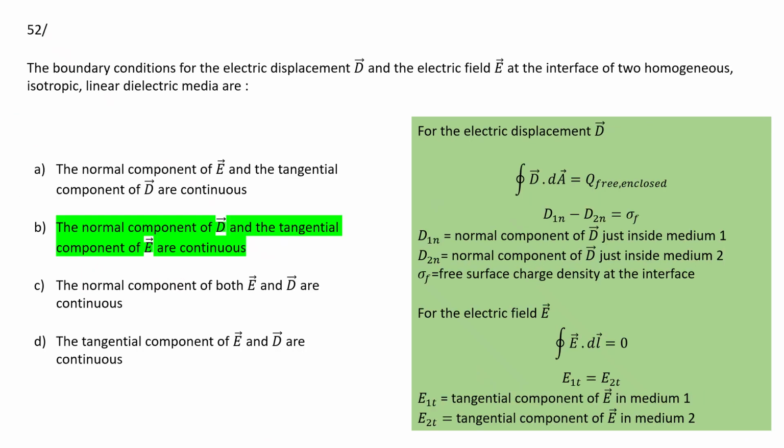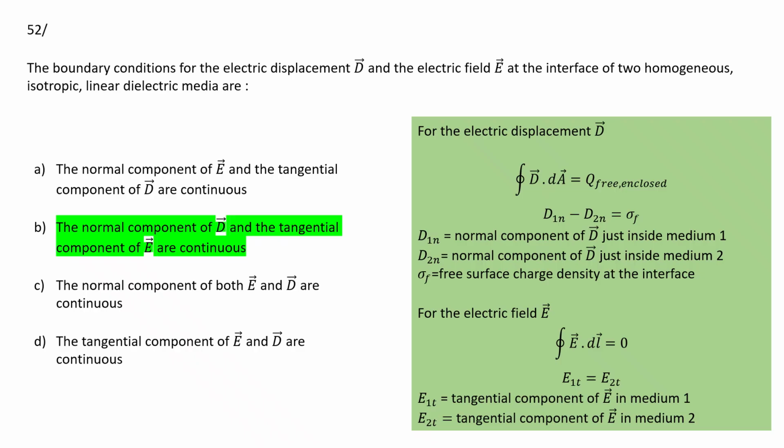And then the next question we have: the boundary conditions for the electric displacement D and the electric field E at the interface of two homogeneous isotropic linear dielectric media are. And here are the options you can see. So for the electric displacement D, we can write the integral of D dot dA equals Q free charge.